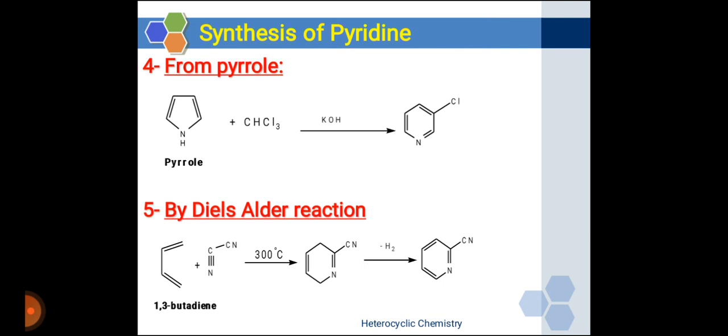Again a dehydration reaction forms the 2-cyanopyridine derivative. From this we can prepare the pyridine molecule.